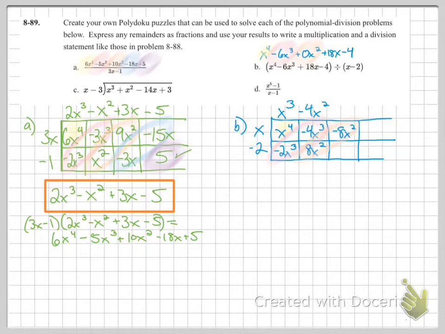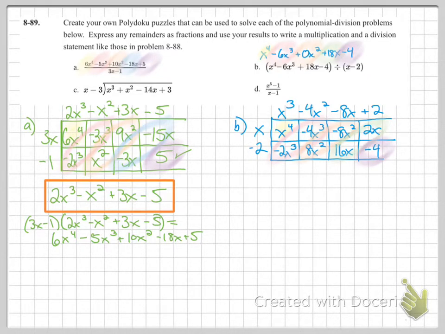The left times the top. The bottom left times the top. The next diagonal is supposed to equal the next term. I have 16, so I need 2 more. The left times the top, so this must be 2. Bottom left times the top happens to be negative 4, which is the last number of the polynomial.